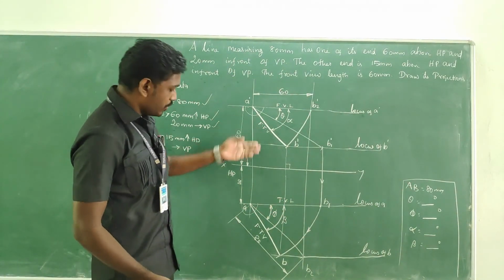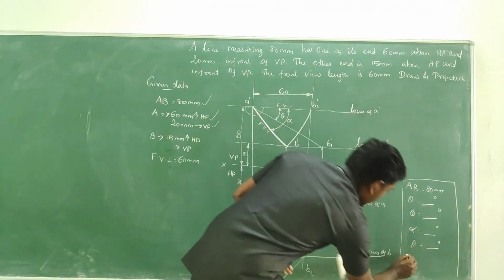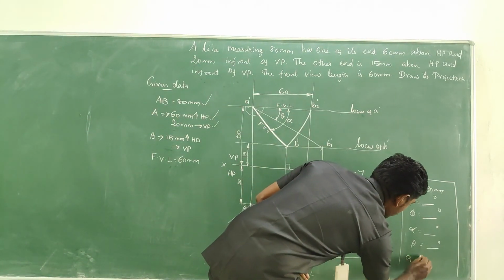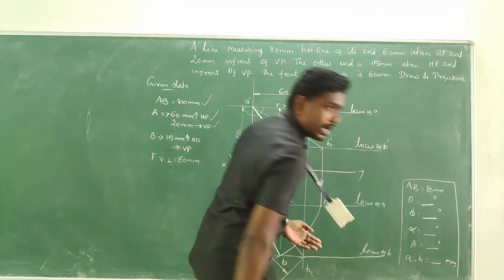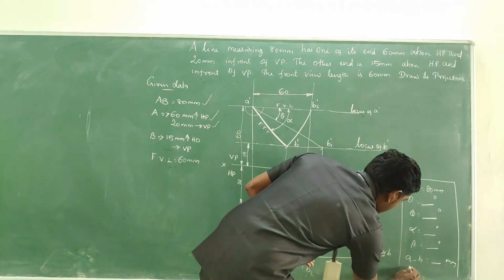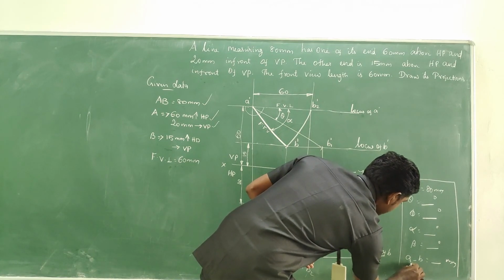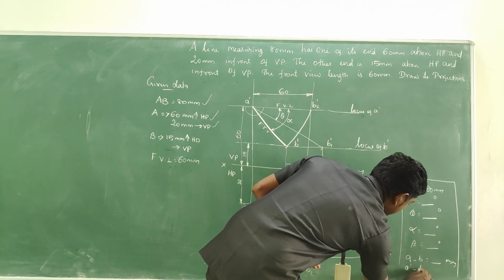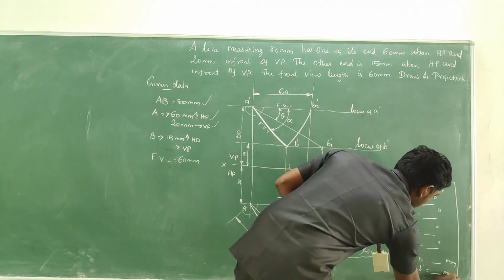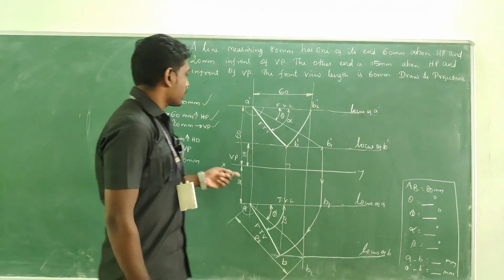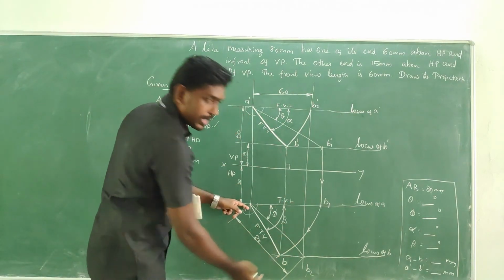That means the final front view and final top view. The distance between A to B, you get n mm. You can make use of a scale to measure it, and A dash to B dash, you will get it in mm. You can make use of a scale to measure it. Okay, here it is, and one is here.